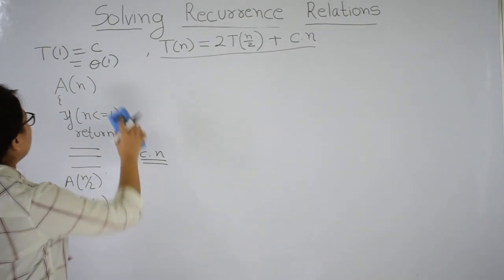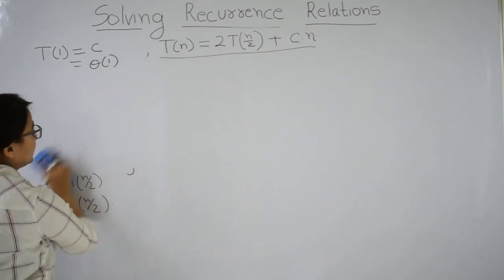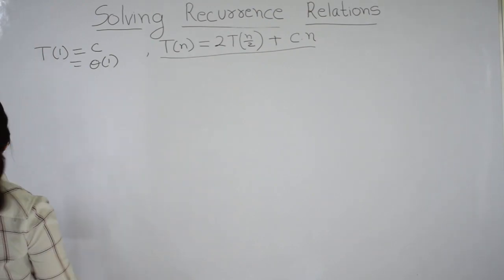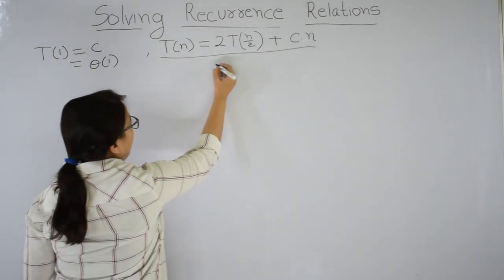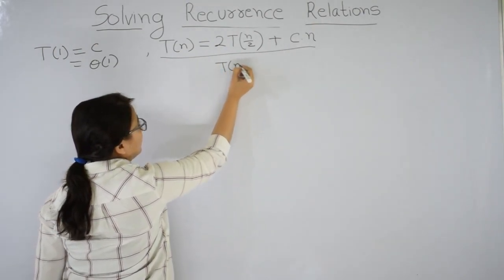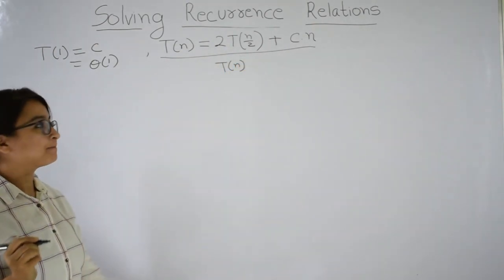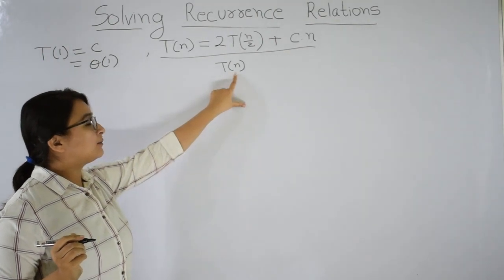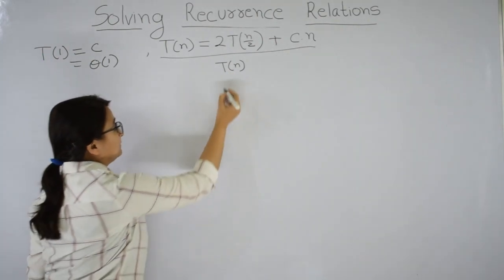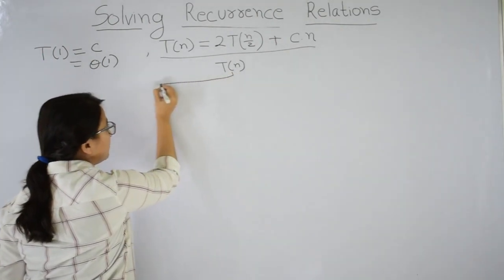So let me rub this so that I can make some space on the board. Now initially we have the time taken by the algorithm on input size of n. It is divided into two parts.